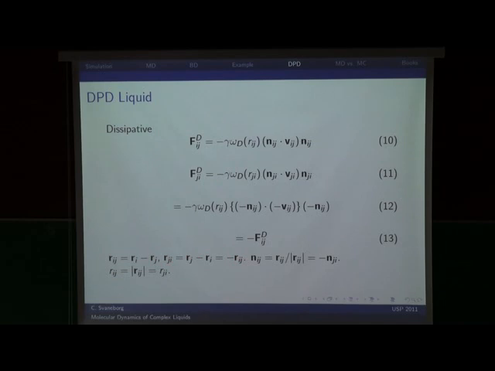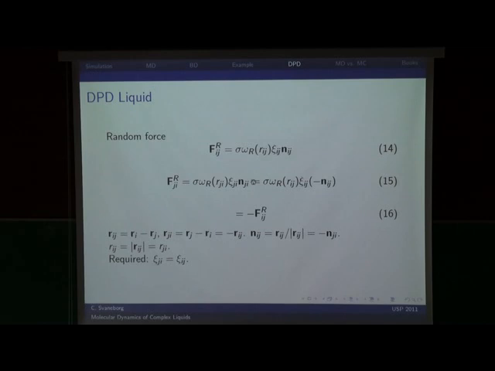In the same way, the reduced vector between i and j becomes minus the reduced vector between j and i. So when you do this flipping, all of these just change sign. And what you end up with is that the contribution by the dissipative term for the ij particle is minus that of the ji particle.